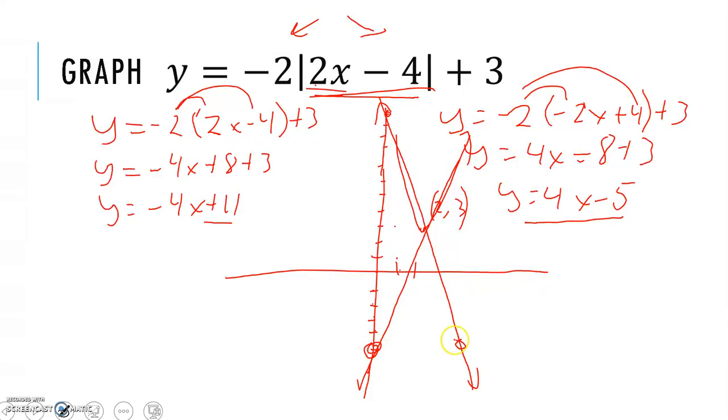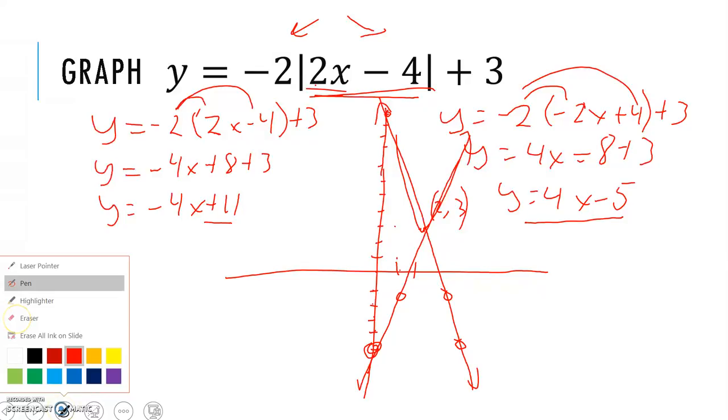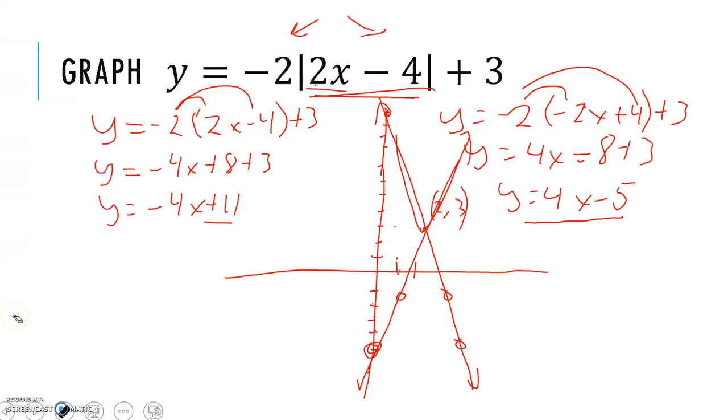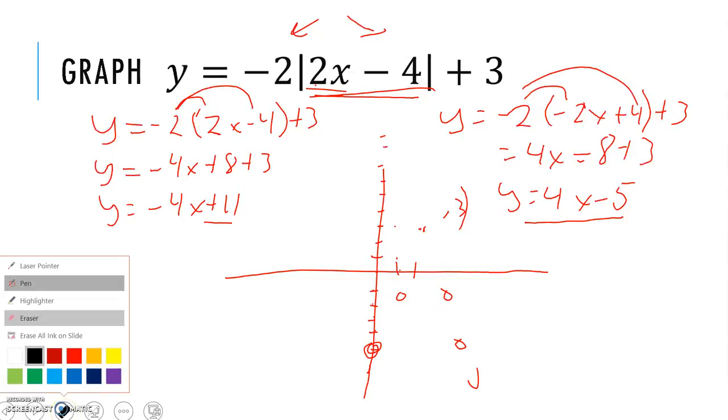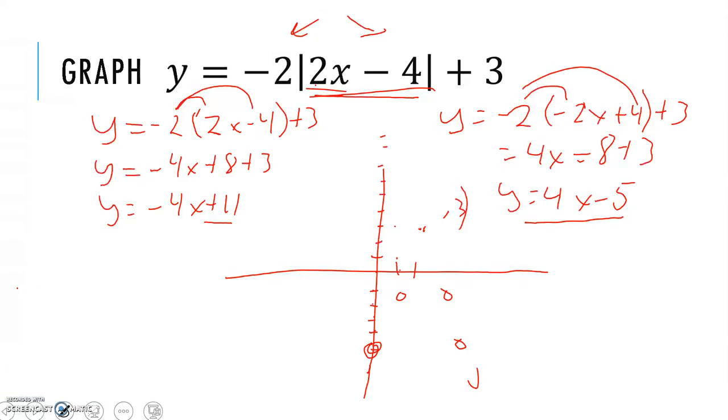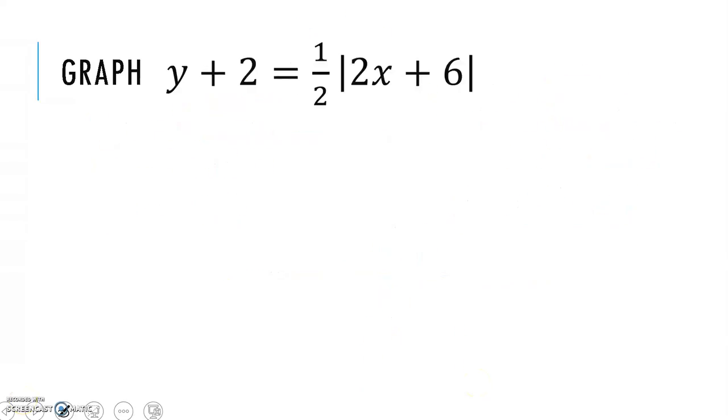And all of these points down here would be the points that I would get when I plug them into this equation. So this part of the graph here on top really wouldn't be included, because that part of the graph would only be considered if the a value was positive. And we know that because the a value is negative, it's going to be this part of the graph that opens down.